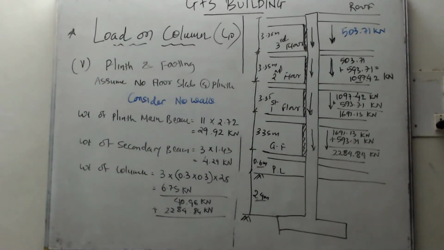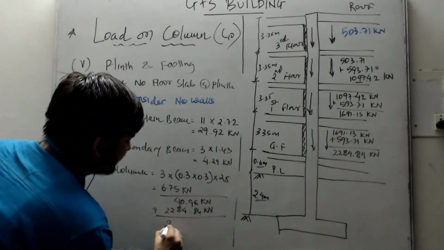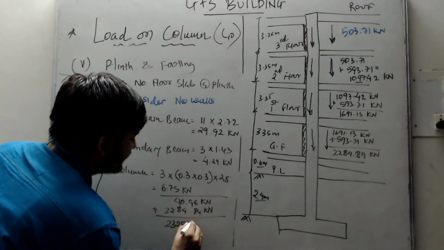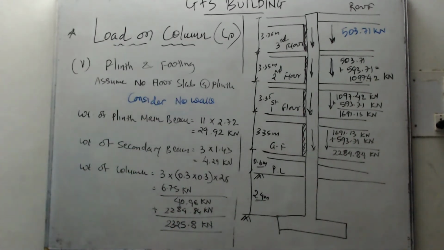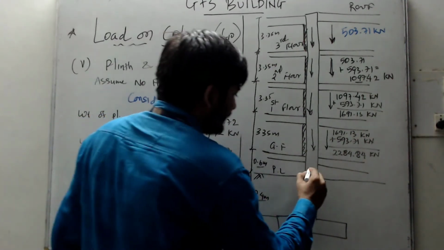So my final load here will be 2284.84 plus 40.96, that is 2325.8 kilonewton load that is acting on my foundation level.